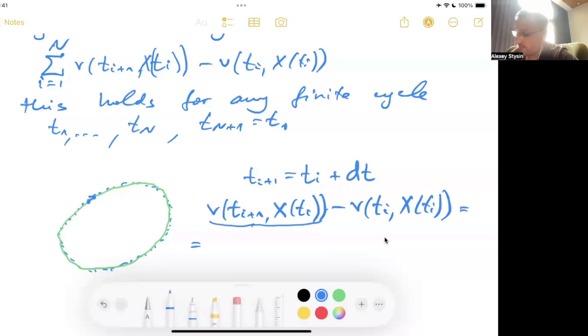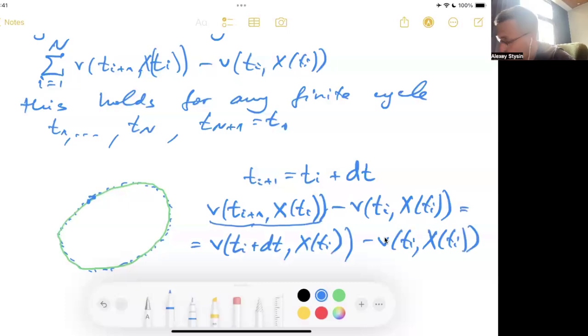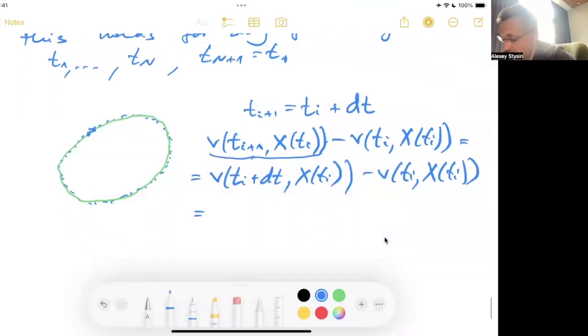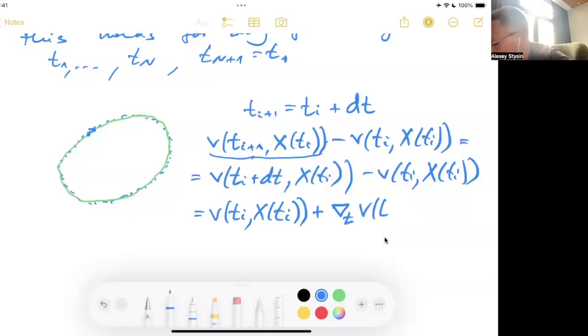So what would be this first order approximation? It's going to say, okay, this is v of t_i plus dt, x of t_i, minus v of t_i, x of t_i. We are going to expand it to the first order. So this is going to be v at t_i, plus the gradient of the function v with respect to the first argument t at t_i and x of t_i.